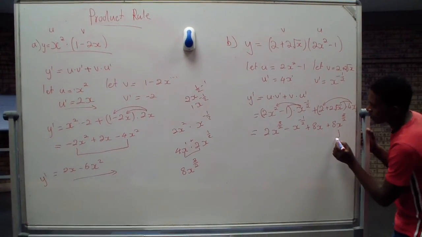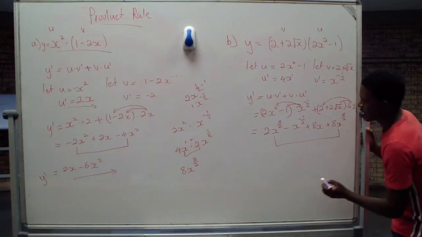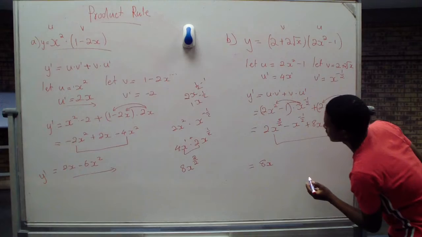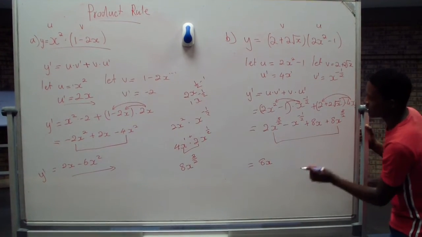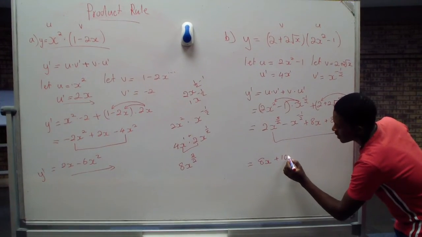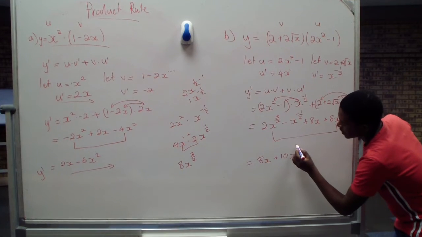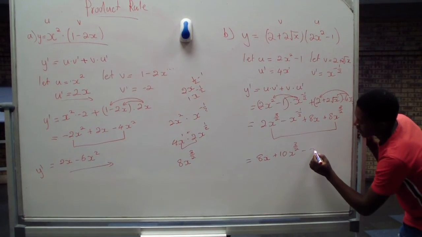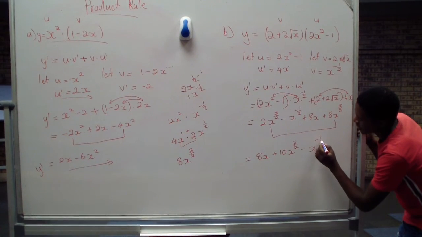Then now I'm having like terms. So I can say 8x. This plus this, I'll have plus 10x to the power 3 over 2 minus x to the power negative half.